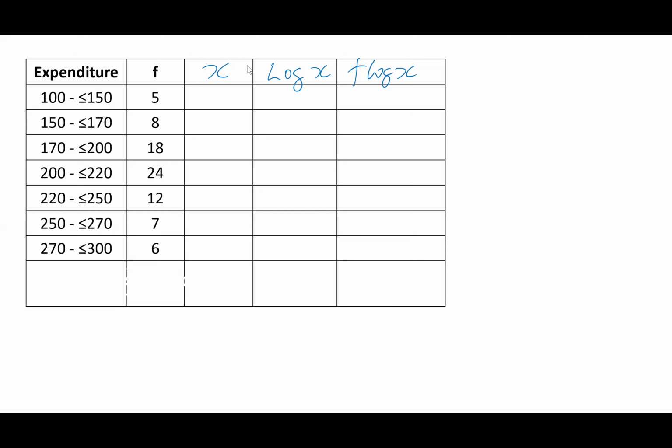Leighton, are you there? Unmute. The first one is how much? 125. 125. And the next one? 160. Then the next one? 185. You're doing well.